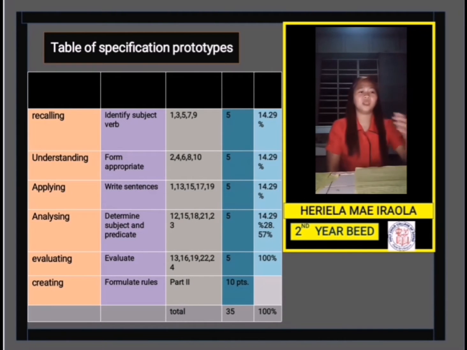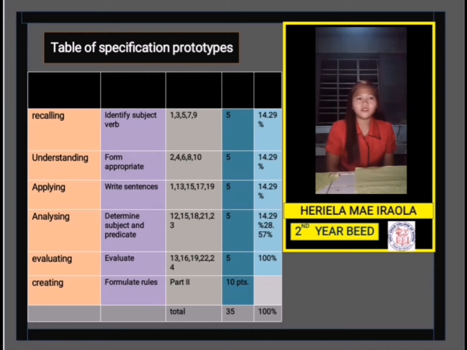Next, the table of specification. In the table of specification, there are the level, the objective, and the item number and percentage. In the level of the table of specification prototypes, always remember, when we hear recalling, the objective of recalling is to identify subject-verb.